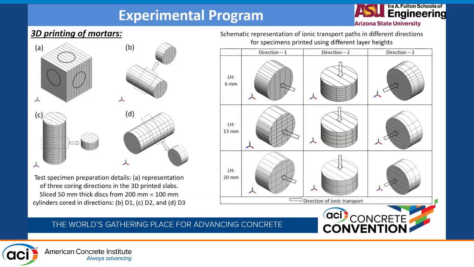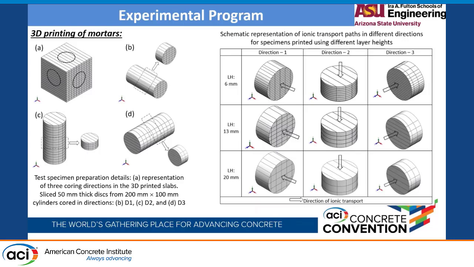So this is the schematic of the 3D printed structures that we have used in this study. I'd like to explain the directions in this 3D printed schematic because it will be important to explain the results. So if this is one of the cube specimens that we printed, it's a schematic, and then we have cored cylindrical specimens out of this slab in X direction, Y direction, and Z direction.